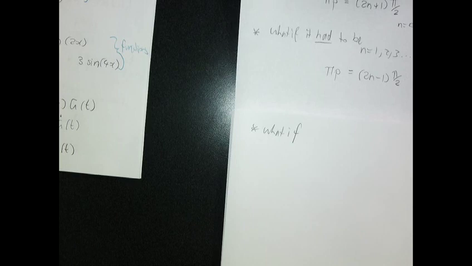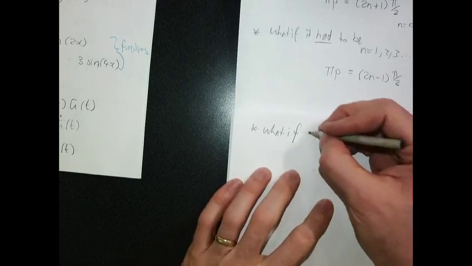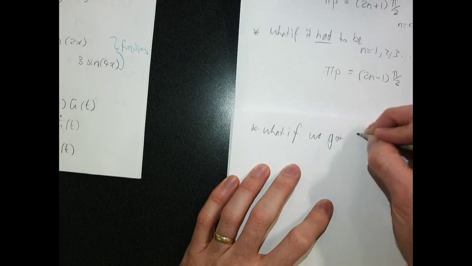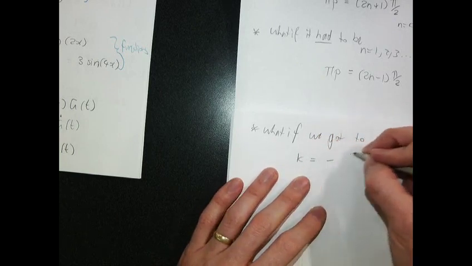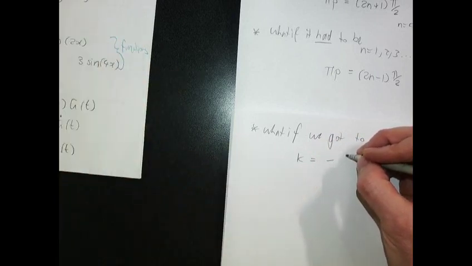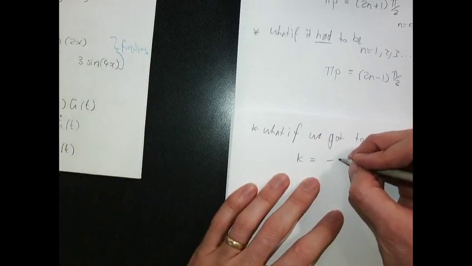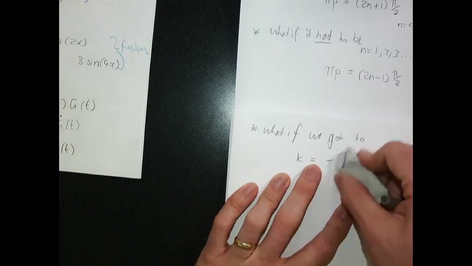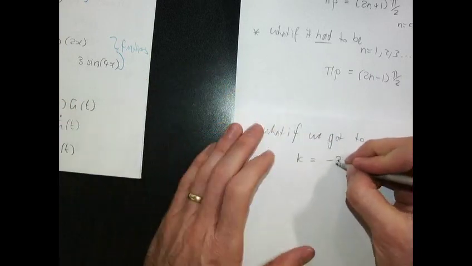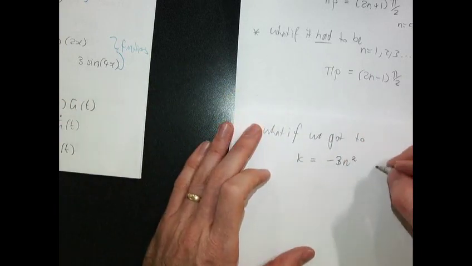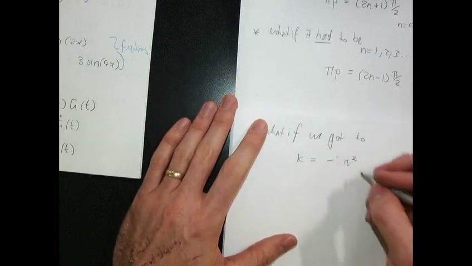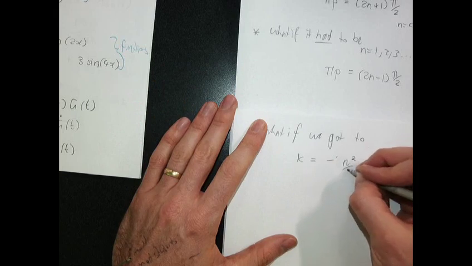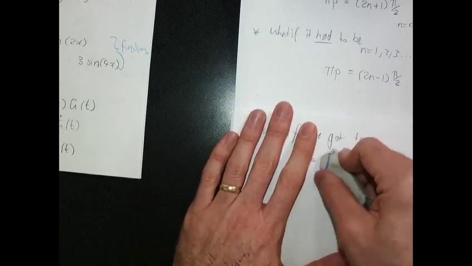Okay? What if I got to here? Well, it wouldn't be a 3, it'd be a square number, wouldn't it? Just making one up for you.